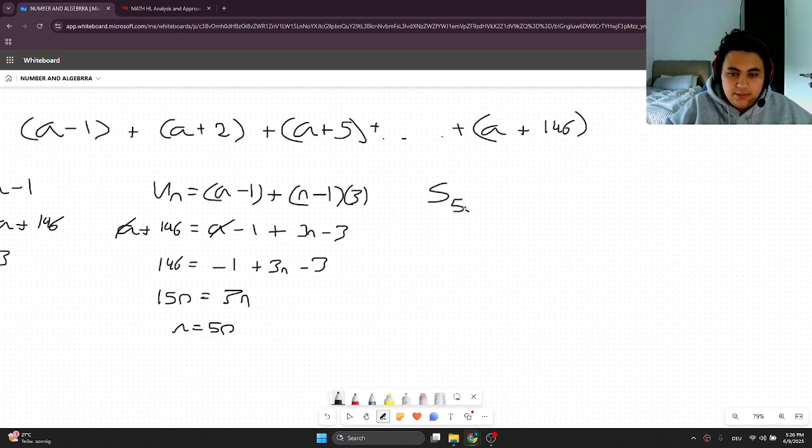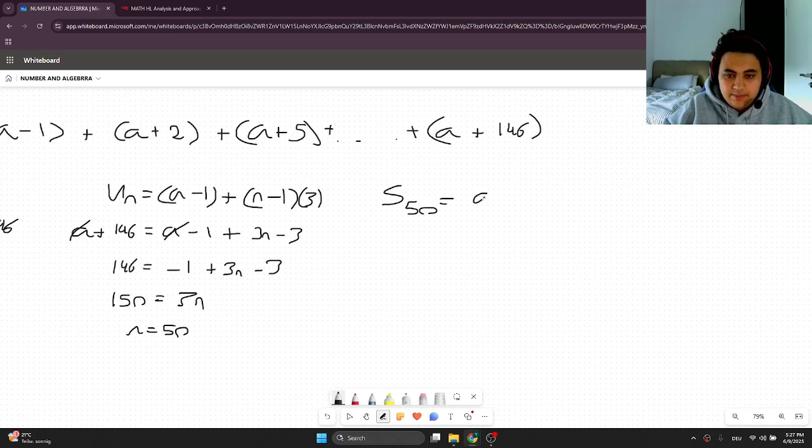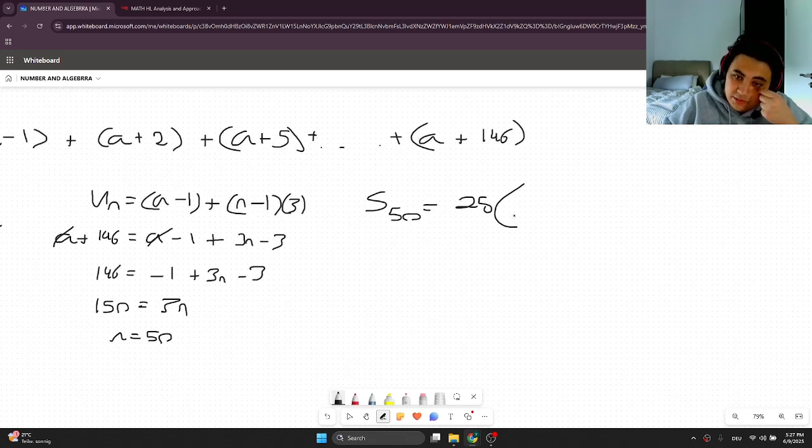That means that we're summing 50 terms. So S50 is equal to n over 2, so 50 divided by 2, which is just 25. So 25 multiplied by a minus 1 plus a plus 146.